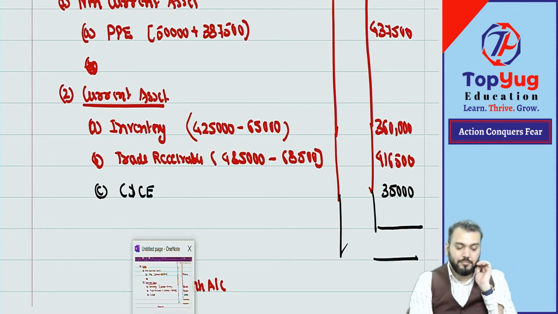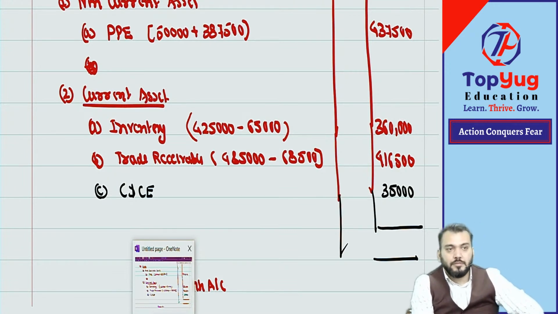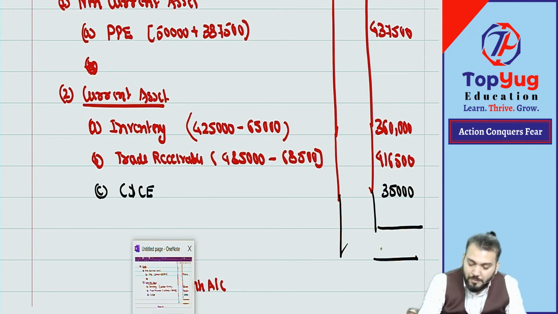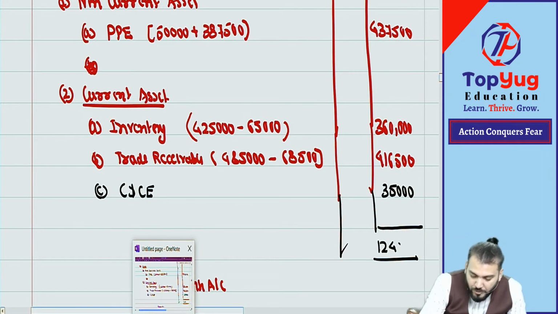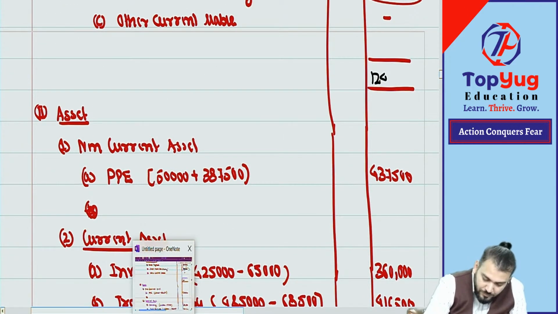What is the total? Twelve lakh 49,000, both sides now. Mubarak ho.